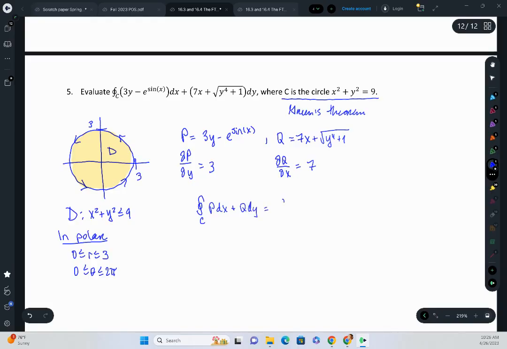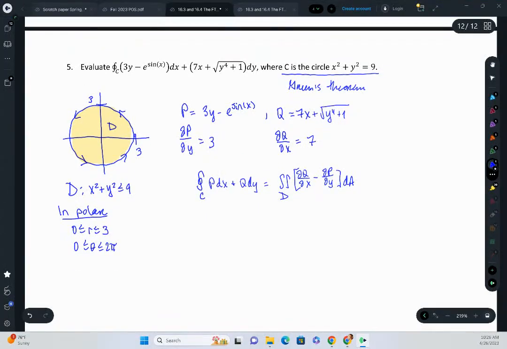Instead of dealing with that, we're going to look at the double integral over D of del Q del x minus del P del y dA. All right, and we're going to automatically switch right over to polar coordinates. So this will be the integrals.